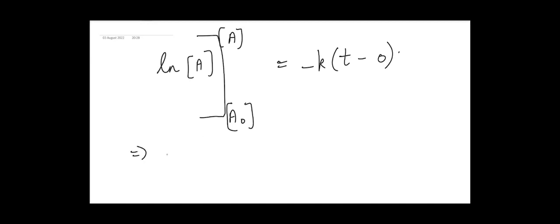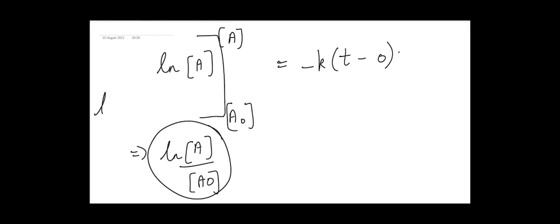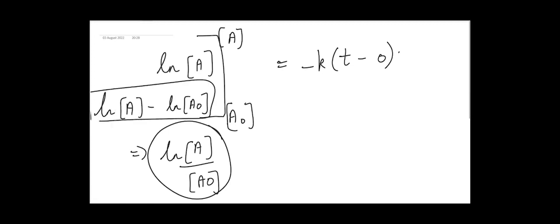Now we can write this as natural logarithm of A by A naught, using the property of logarithm: log of A minus log of A naught can be written as log of A by A naught. So log of A by A naught is equal to minus k times t.